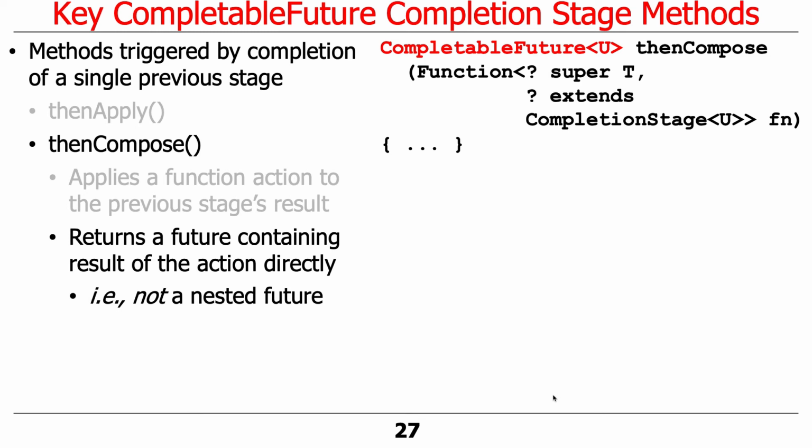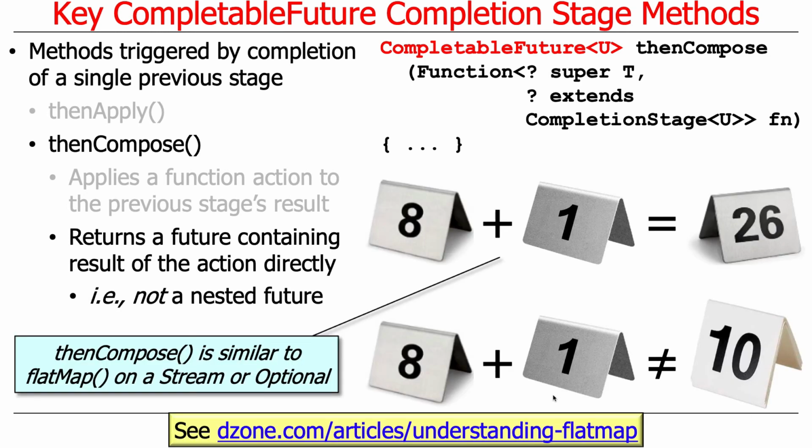Now again, it may not be entirely clear what distinction I'm making, so I'll show you some examples here in a second. The way to think about this is as follows. If you recall, remember flatMap? We talked about flatMap in the context of a stream. And if you had say a stream of lists of strings and you gave it to flatMap, you'd end up with a stream of strings that would flatten things out, so you wouldn't end up with nested structures.